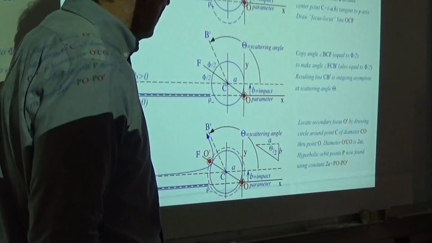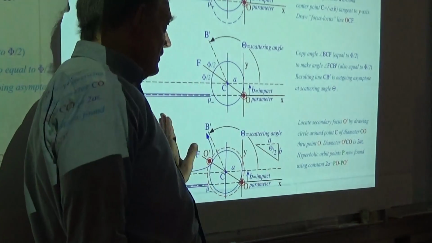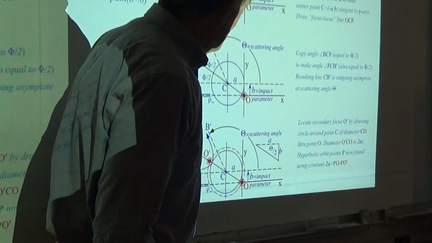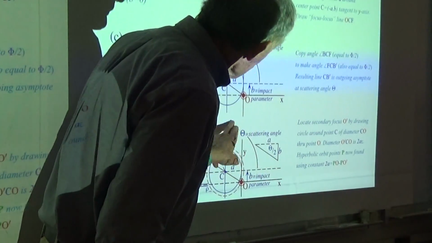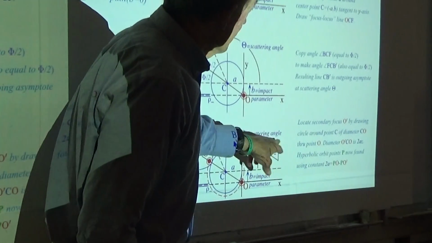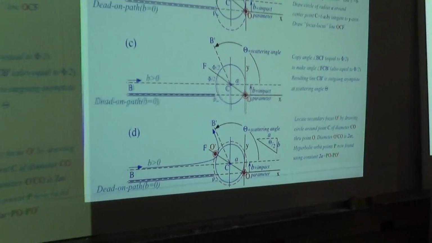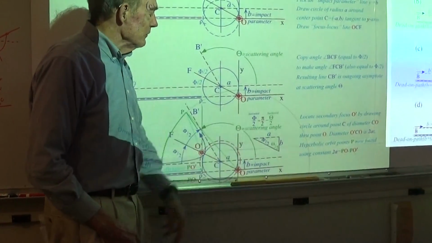So that's basically it. The backward scattering angle right here divided by 2 is this angle right here. This angle has this as its right triangle. So that is what we're dealing with here. Now, half angle is complementary.